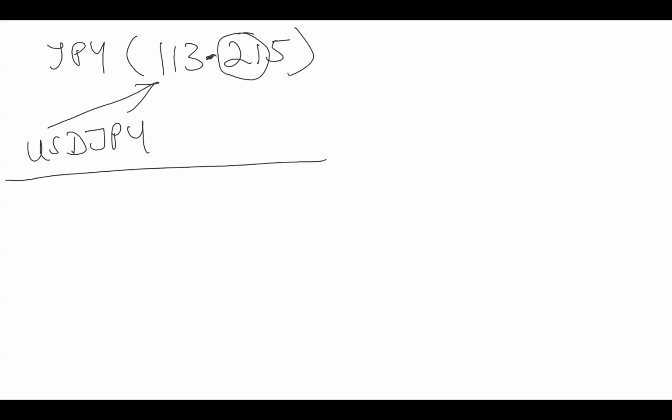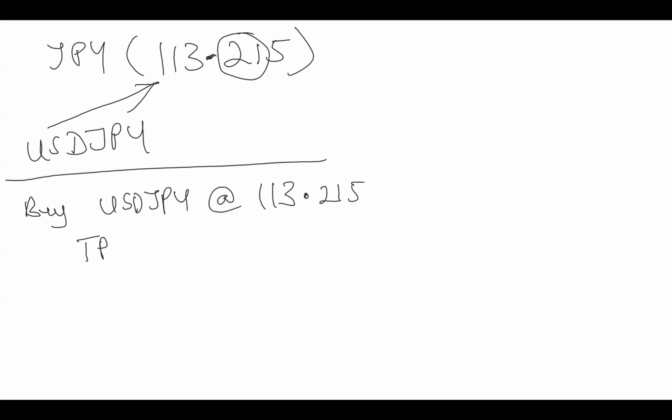Now, if I wanted to buy USD JPY at that price, if I drop a trade signal and I said buy USD JPY at 113.215, and I said set your TP 60 pips and your SL 30 pips.